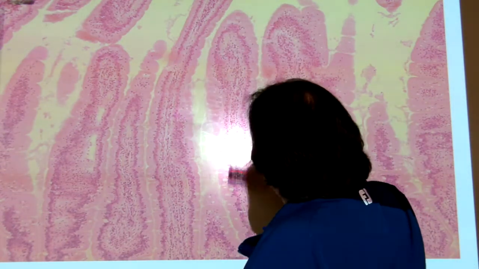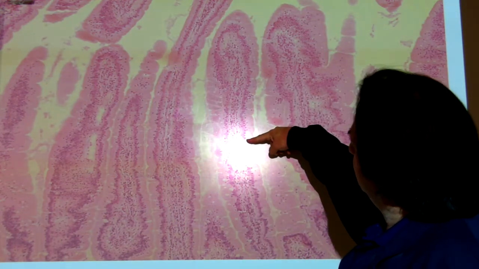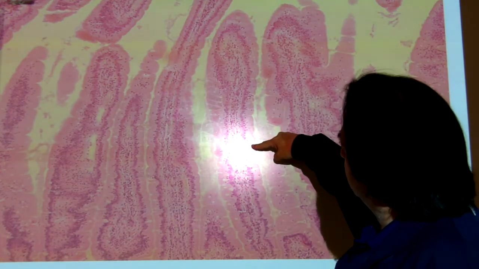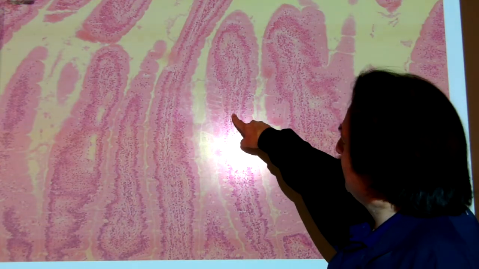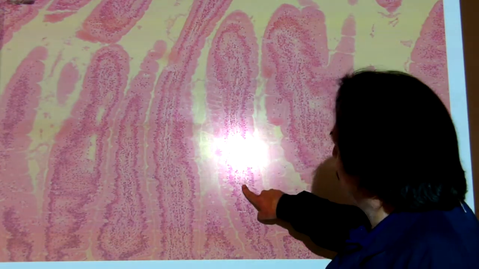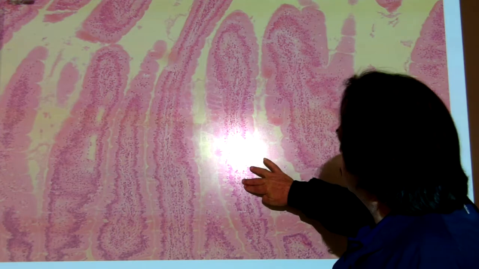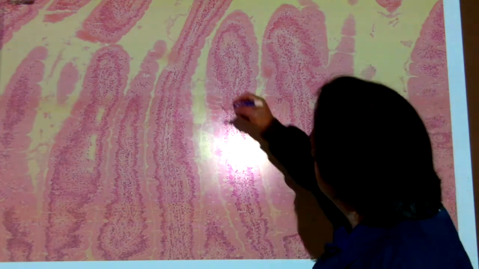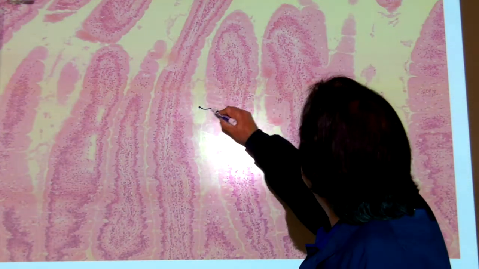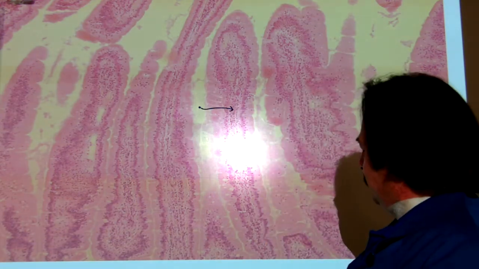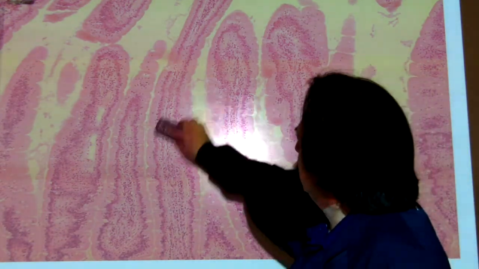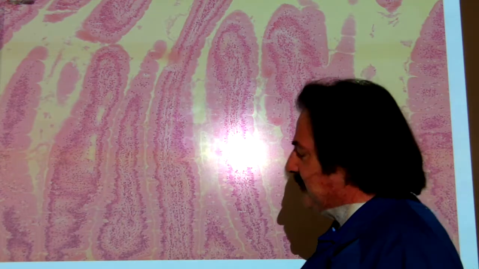So if you point right here, this is your epithelium. In the middle, the lamina propria, this is connective tissue. That's where the blood supply is. So little particles are trying to go from here into there, into the circulatory system, to where it can be described as being absorbed and is now in you.